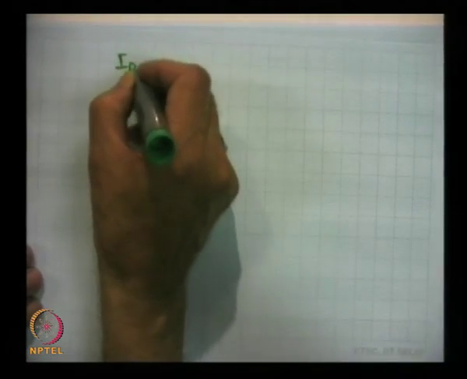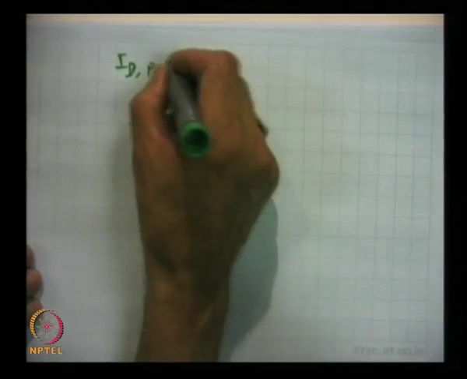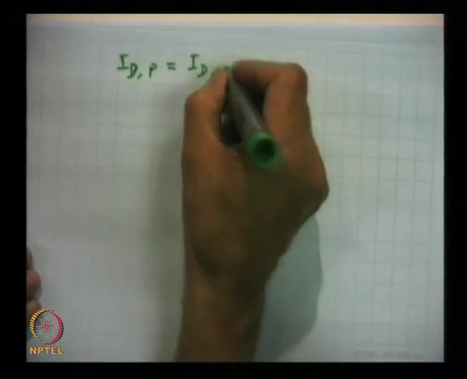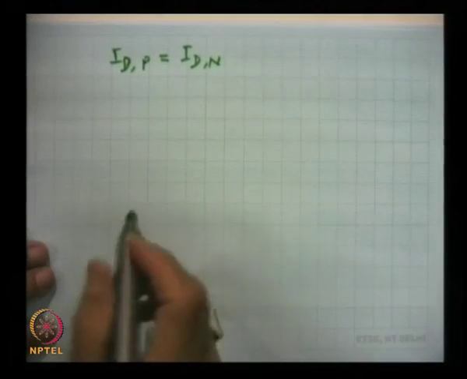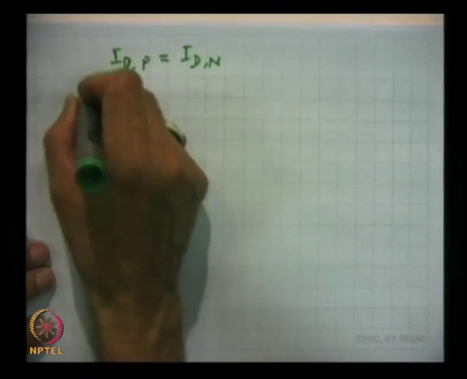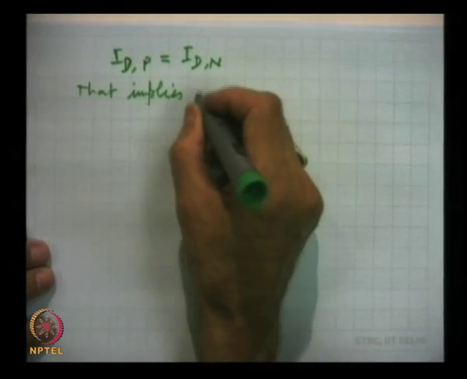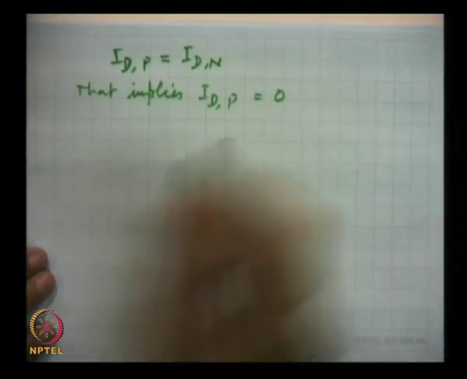MOSFETs, they are in series. So, that will imply that the drain current in the PMOS should be equal to the drain current in the NMOS, because both are in series, and that implies that IDP is equal to 0.